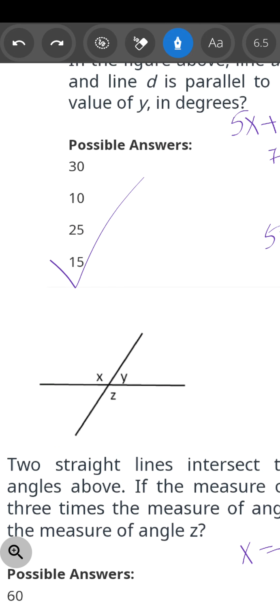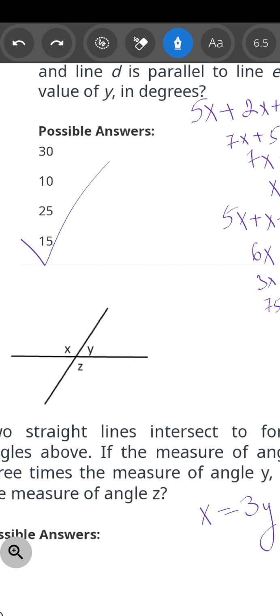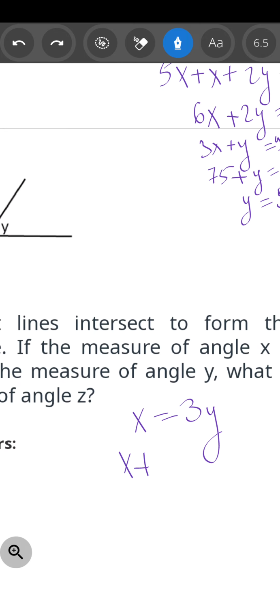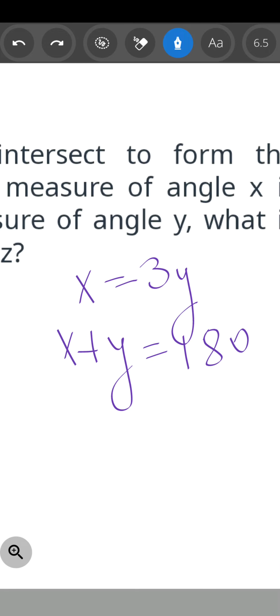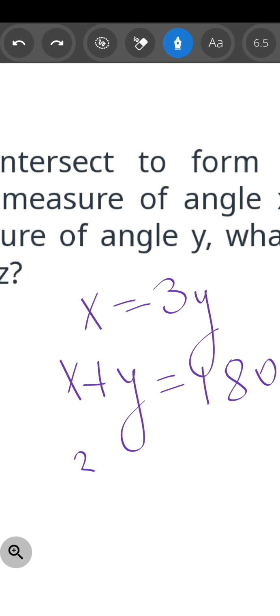And we see that the angles x and y are supplementary angles. It means that their sum must be equal to 180 degrees. So let's write x plus y is equal to 180. And let's write 3y in the place of x. So we'll get that 3y plus y is equal to 180.